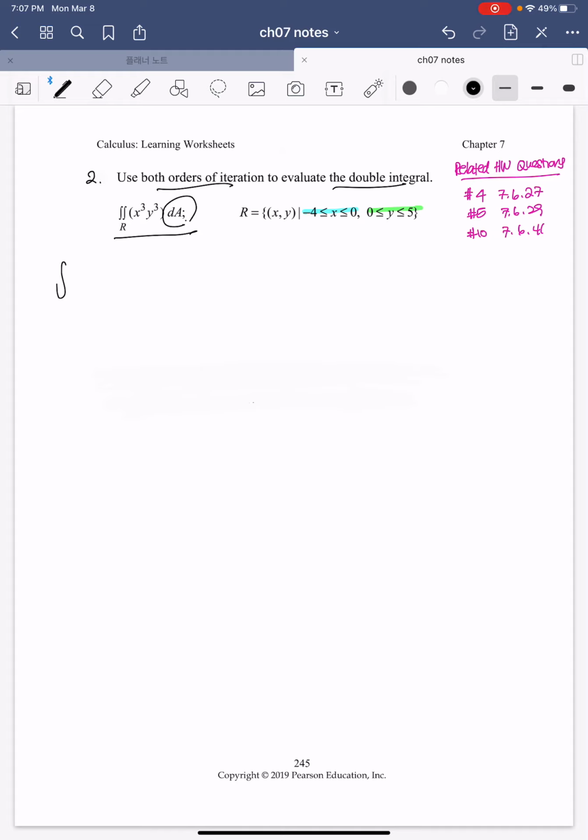That means x goes here, and then y from 0 to 5. My function is x cubed y cubed dy dx, because I want to integrate the y term first.